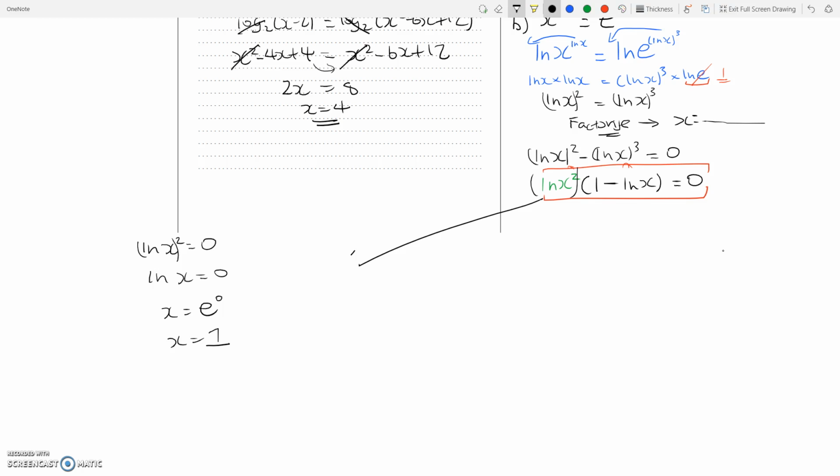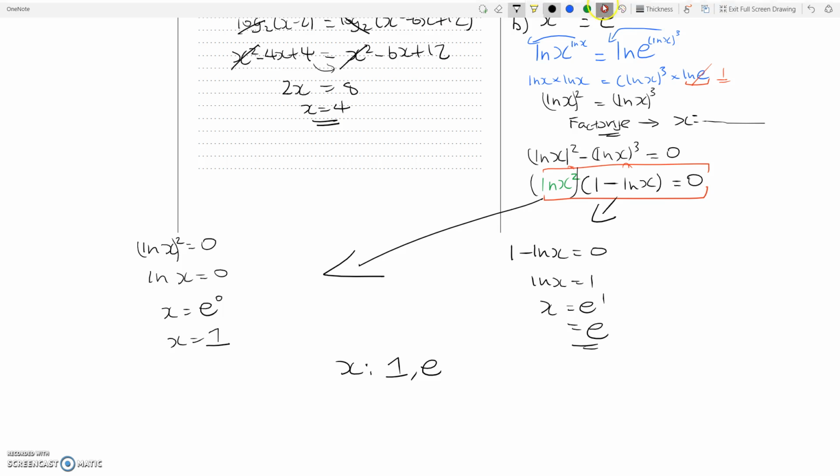That's one of the roots. This will be the second root, which is 1 minus ln x equals 0. Ln x equals 1, x equals e to the 1, which is e. So therefore, x could be 1 or e. That would be your final answer.